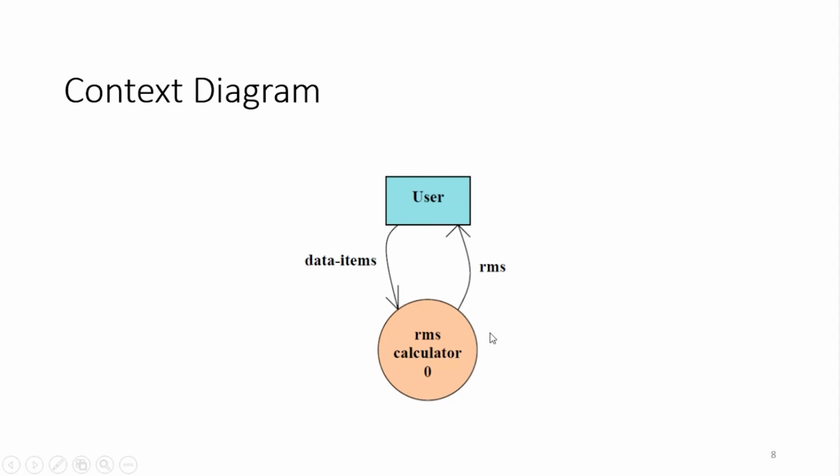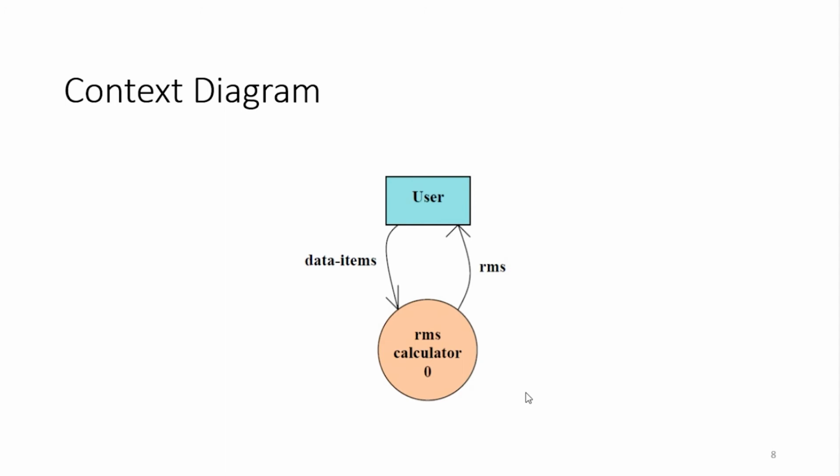As I told you, whatever name we give inside that circle should justify what the system is doing. At the level 0 diagram, as it represents the generalized overview of our system, we can have the name RMS calculator.